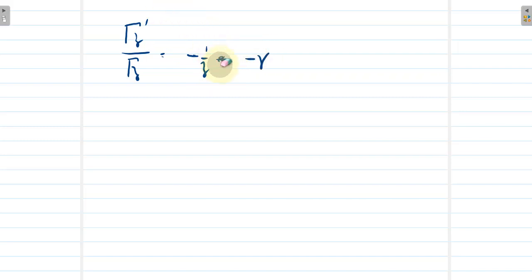Sorry, I should erase this. It is minus 1 upon z minus gamma plus sigma n equal to 1 to infinity z upon n into z plus n.